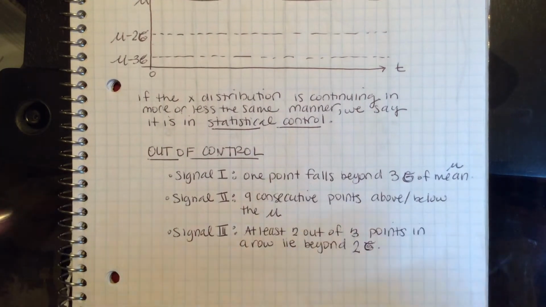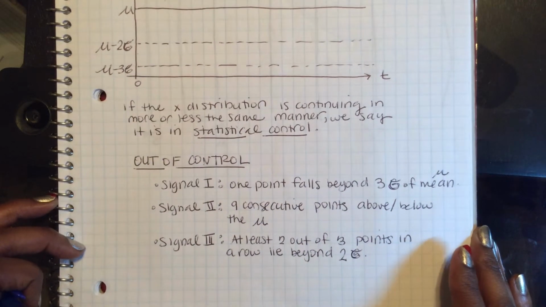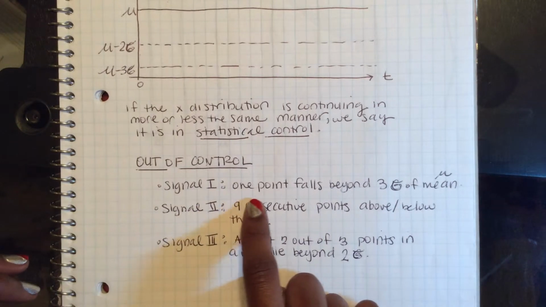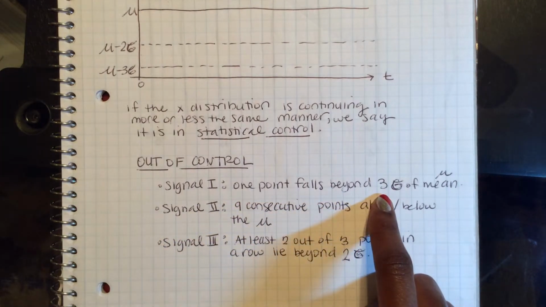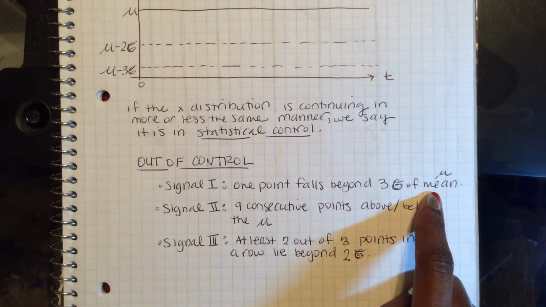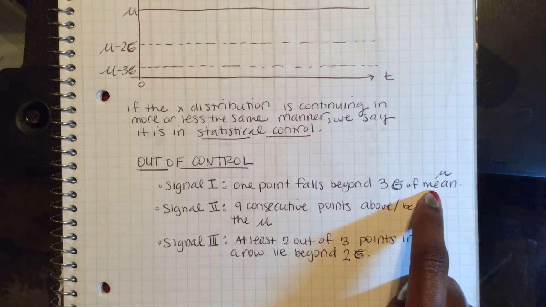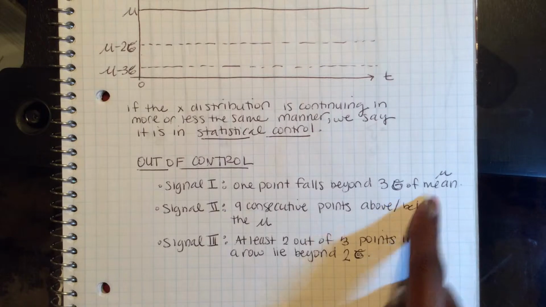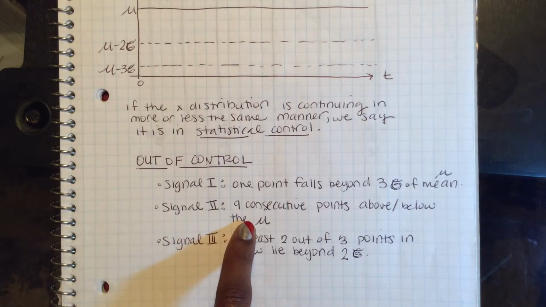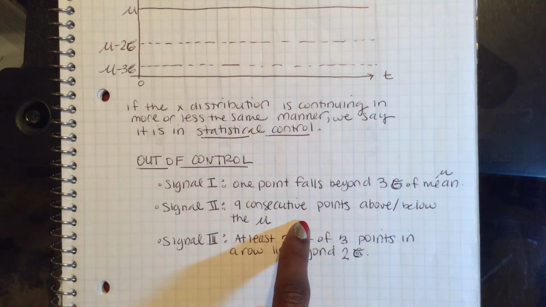So how do we determine if something is out of control? Well, our first signal is if 1 point falls beyond 3 standard deviations of the mean. That's going to be a very big outlier that should jump out and make you a little bit nervous. Signal 2, 9 consecutive points above or below the mean.